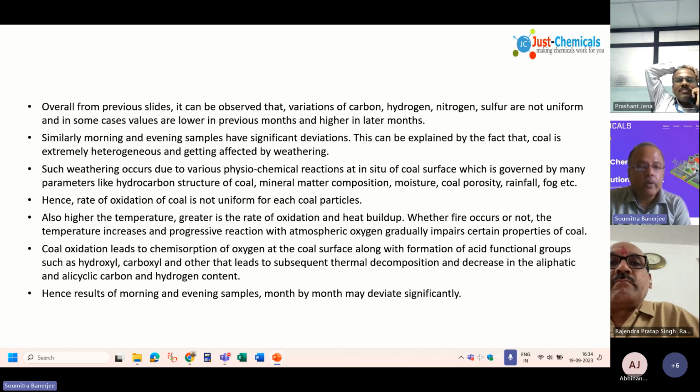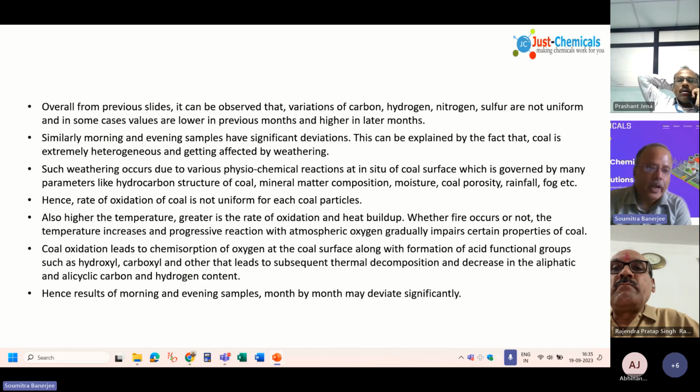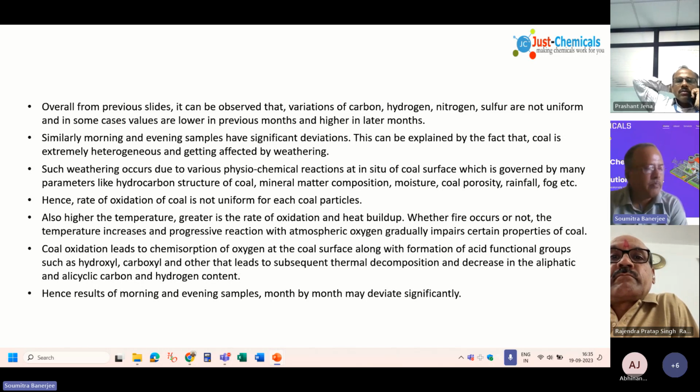Coal has a chemi-adsorption property. Coal has an adsorption property. On its surface, it has many pores. So coal porosity is important. Then rainfall, fog, the humidity at that place, etc. And the rate of oxidation of coal is not uniform for each coal particle. Even the particle size matters.